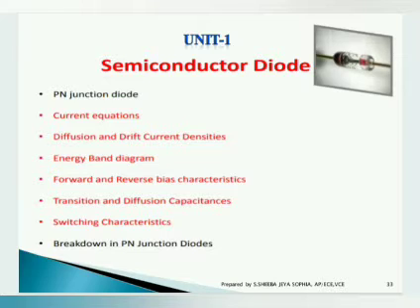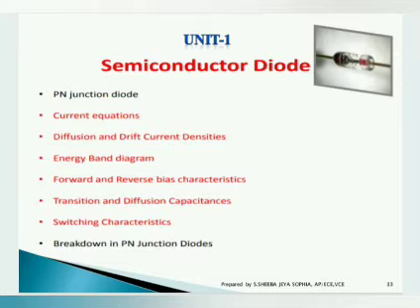These are the topics we are going to discuss in the upcoming sessions. Now, moving to the first topic of semiconductor diode. This entire unit will cover the PN junction diode and its characteristics.